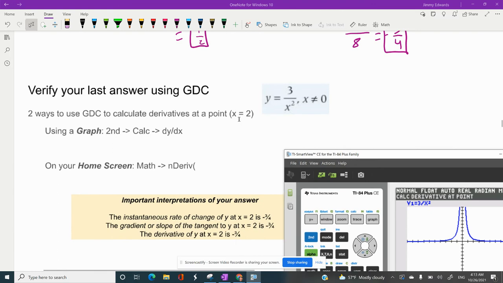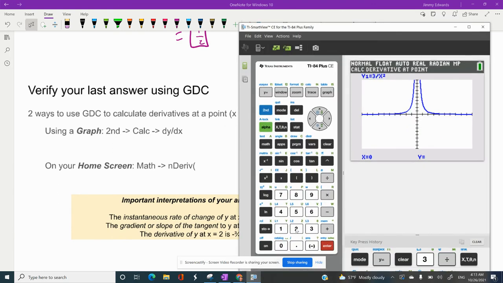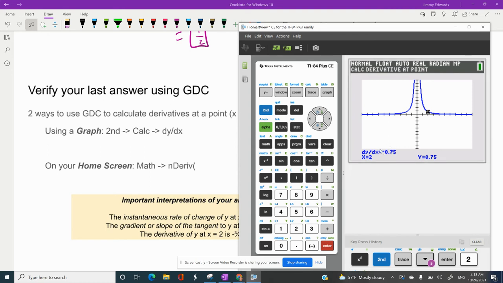And we've been plugging in 2 to all of our derivatives. So let's just type 2 to calculate the derivative. We do second calc derivative, and then we have to type the x value we want. So 2, and then 2 shows up, and we have to hit enter. There's our derivative, the negative 3/4 that we just got from doing it by hand. Our calculator can find this for us as well.